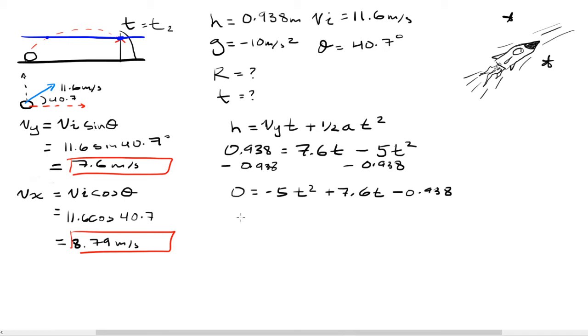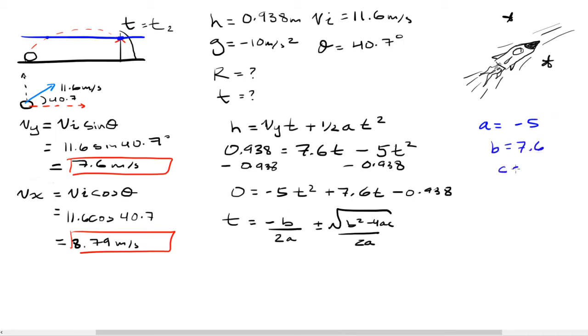If we get the general form of the quadratic formula, we're going to get that the time is equal to negative b over 2a plus or minus the square root of b squared minus 4ac over 2a. I forgot to mention that we should point out the variables here. The a is going to be negative 5, b is going to be 7.6, and c is negative 0.938.